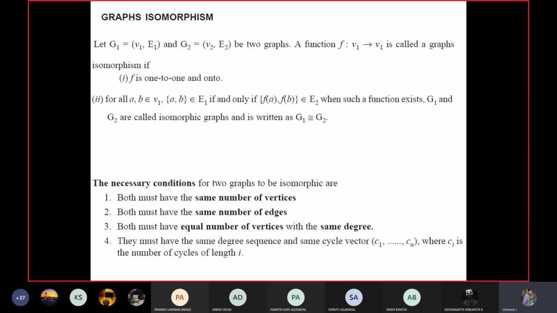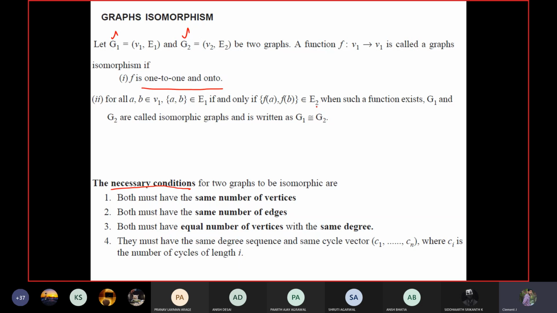For example, if I need to say G1 and G2 are isomorphic, I need to say some conditions. Informally, it has to satisfy a one-to-one and onto function. Instead, you can easily check some necessary conditions to verify whether both graphs are isomorphic or not.